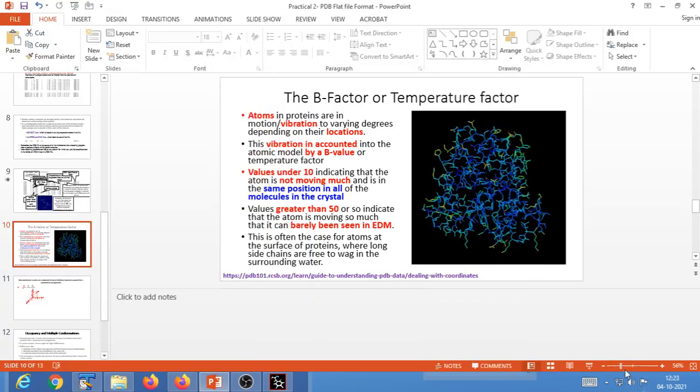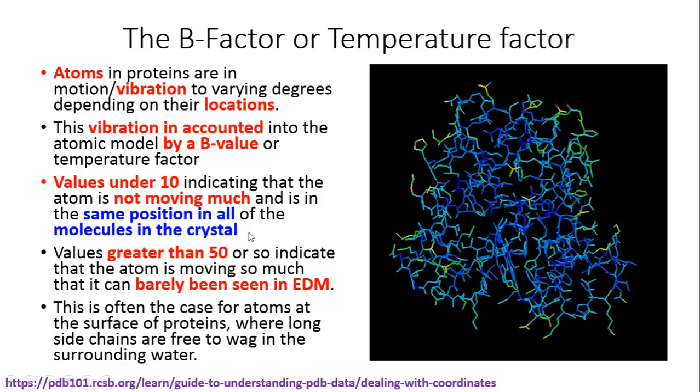So depending on where your atom is located in your protein molecule, it might show a varying degree of freedom, or a varying degree of motion. Usually the atoms in the core have a lower degree of motion, while the atoms on the surface show a higher degree of motion.